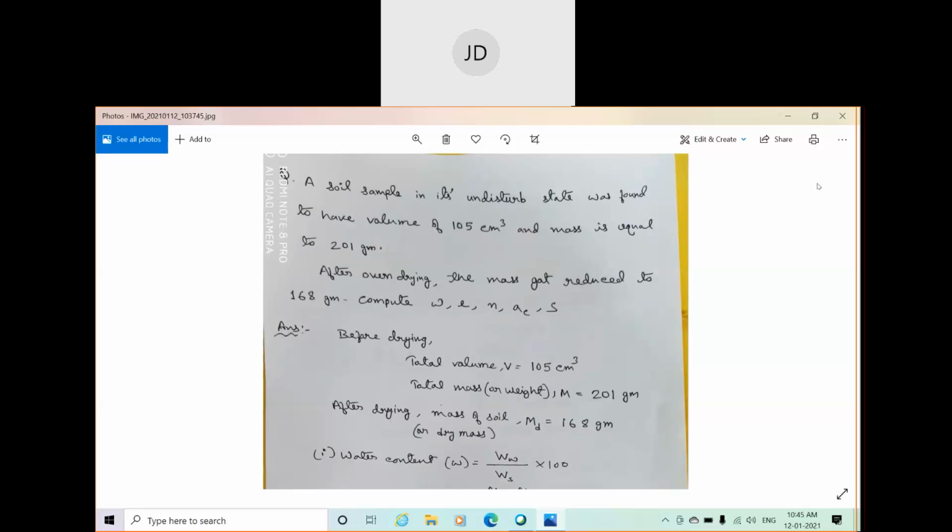After oven drying, the mass got reduced to 168 gram. You need to determine w, small e, small n, AC, and capital S. I hope you remember what these symbols mean.